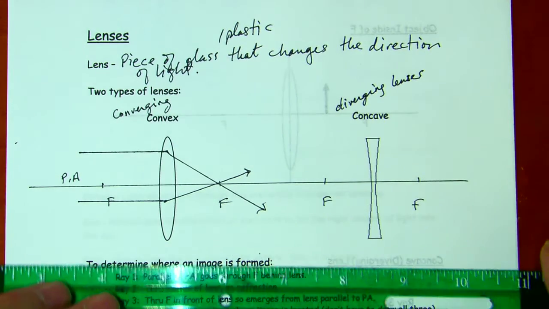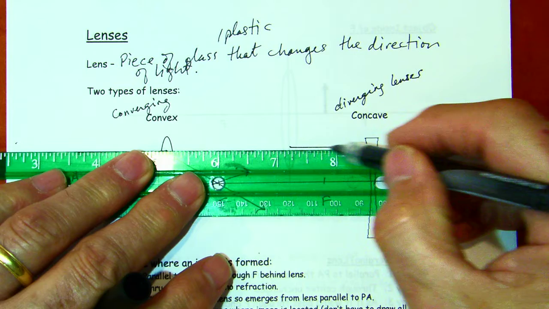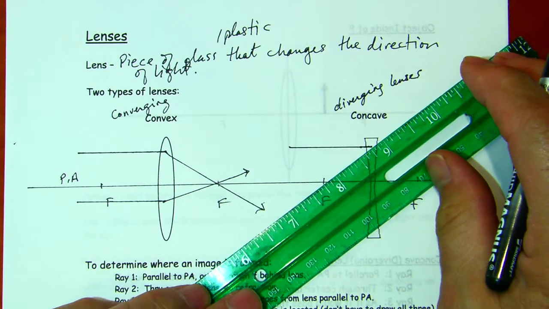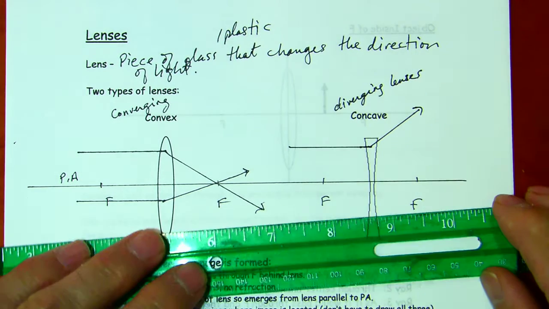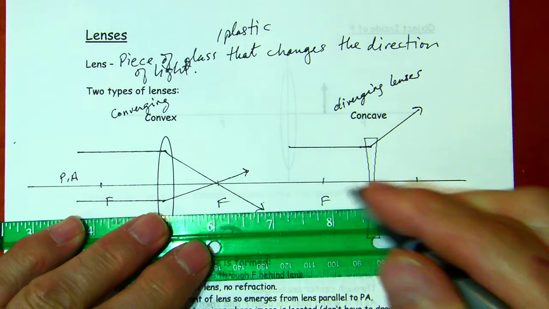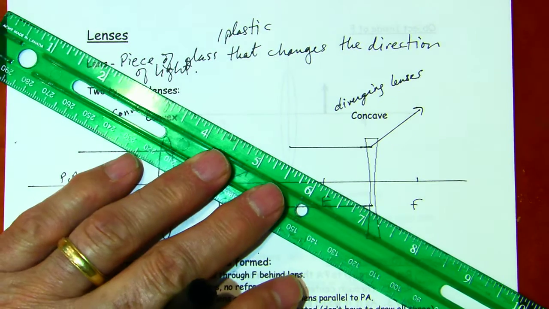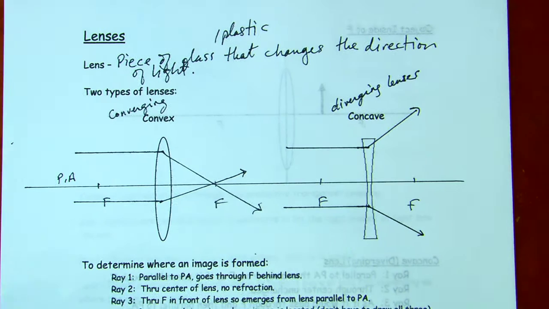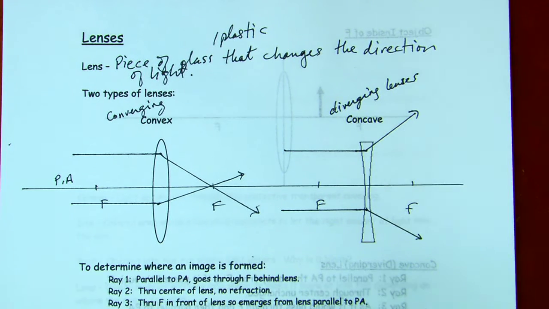Any rays that come in parallel to the principal axis for a diverging lens, you lay your ruler on the near focal point and it diverges the light rays, so they will be spread apart further. And I think you can start to imagine that a concave lens kind of behaves like a convex mirror, and a convex lens behaves a little bit like a concave mirror.